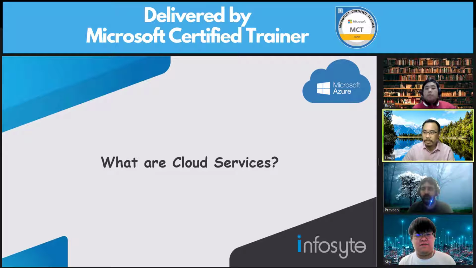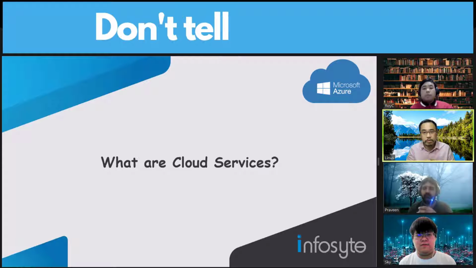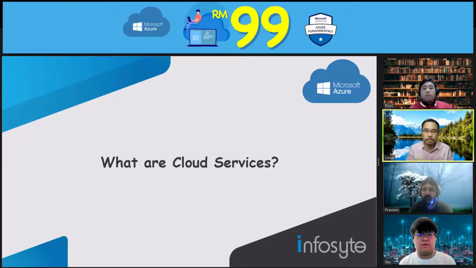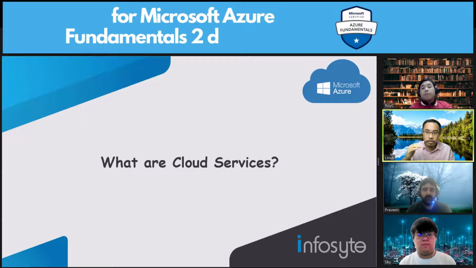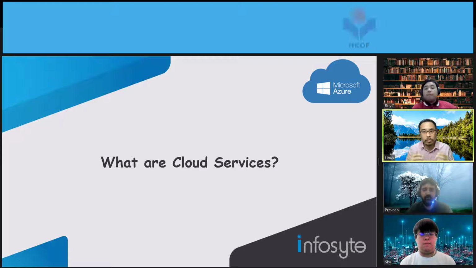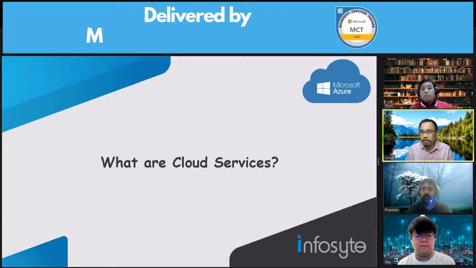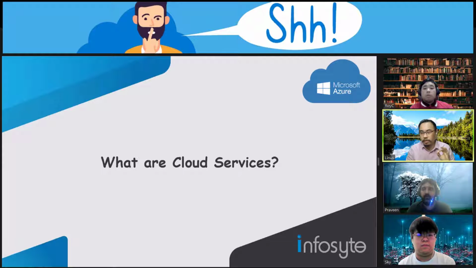Okay, let me answer that. Cloud services generally, like what Praveen mentioned, is providing a wide range of services on demand. It's actually used by companies and also by customers over the internet. Generally, cloud services can be divided into 3 types.